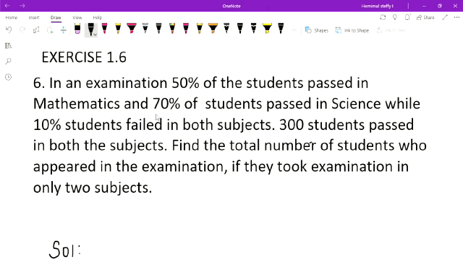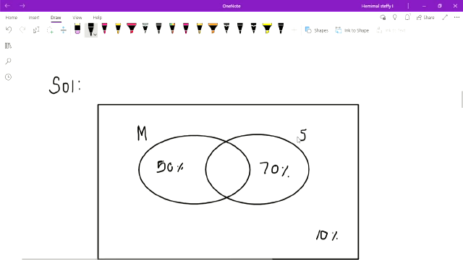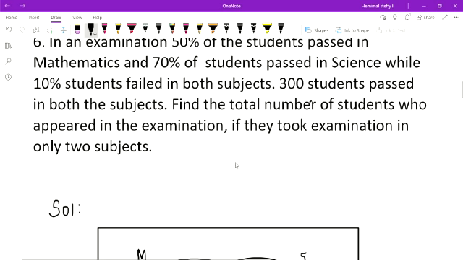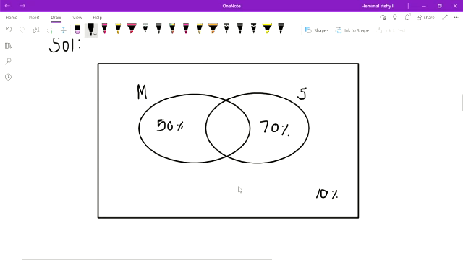All the values are given in percentage, but only those who passed in both subjects is given as a numerical number. So first I am going to find the percentage of students who passed in both subjects. That is an unknown number, so I am taking x.